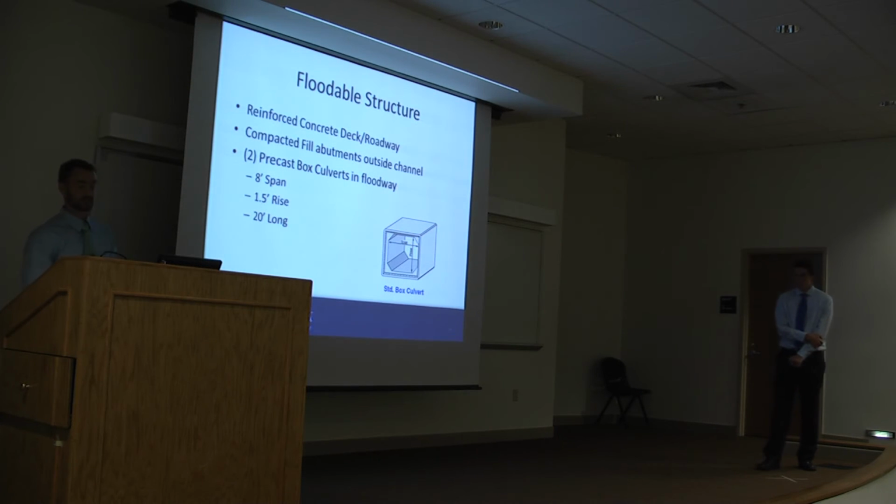So for our structural design, we came up with a reinforced concrete deck with 2 compacted fill abutments that were actually outside the channel, and 2 precast box culverts that were located in the floodplain. We use these as relief culverts. We came up with a span of 8 feet, a rise of 1.5 feet, and approximately 20 feet long.